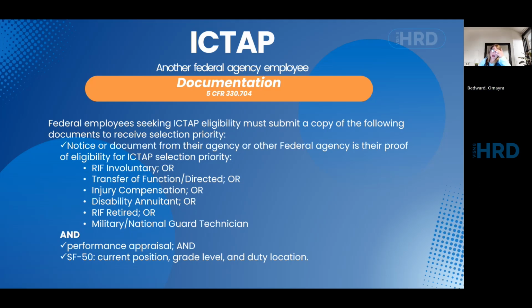Now, a well-qualified ICTAP eligible has priority over most other candidates from outside its department. Priority is given to ICTAP eligibles before filling a competitive service position through competitive examination, non-competitive appointment, transfer, or reinstatement.